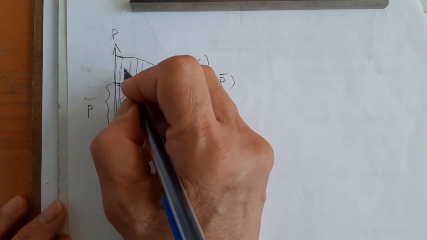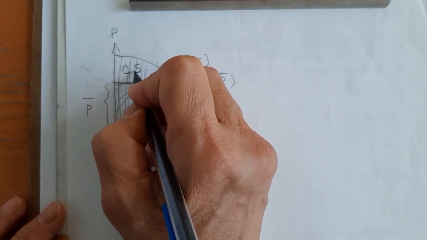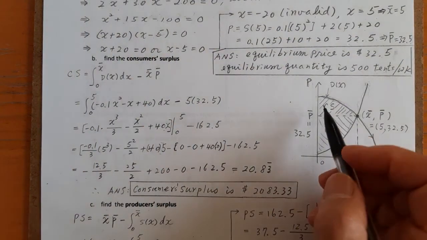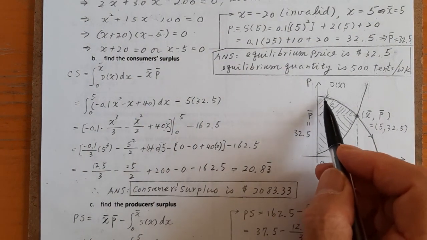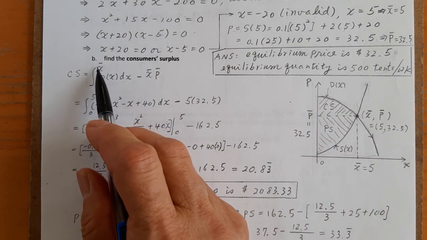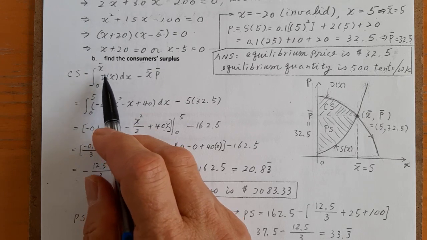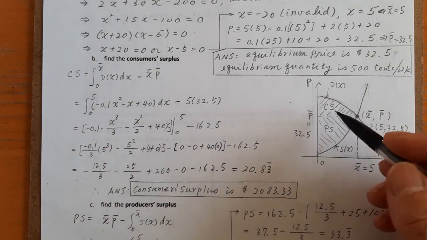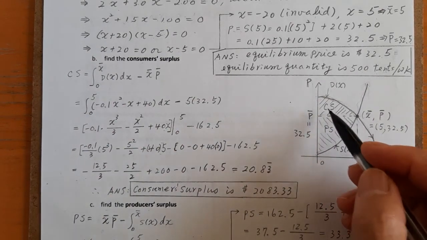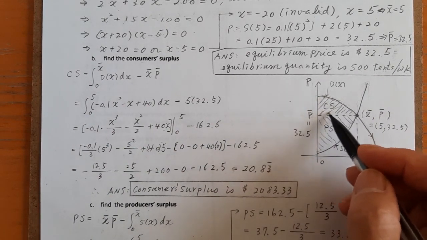That is going to be the consumer surplus, CS. So consumer surplus is the integral from 0 to x bar of d of x dx, which is this entire area, minus this area, and it's this area, the consumer surplus.